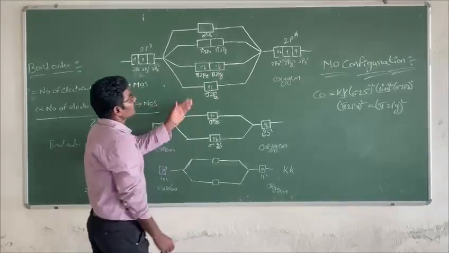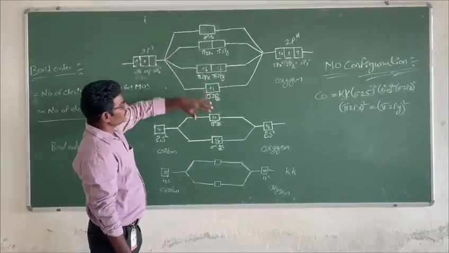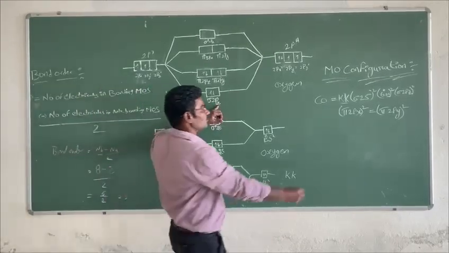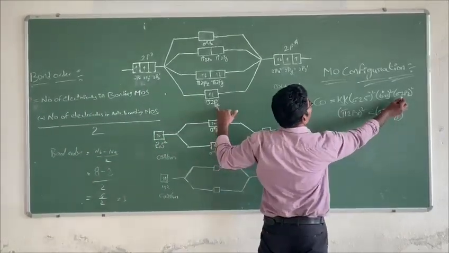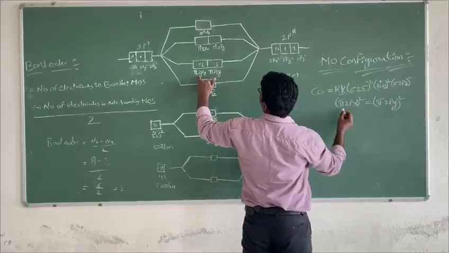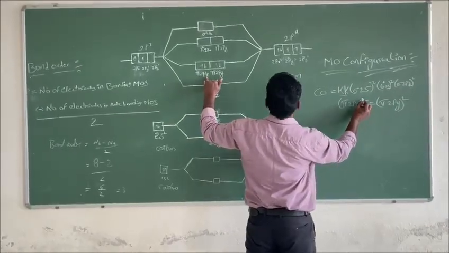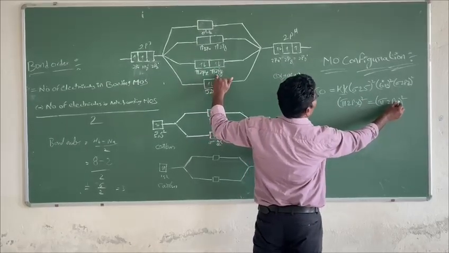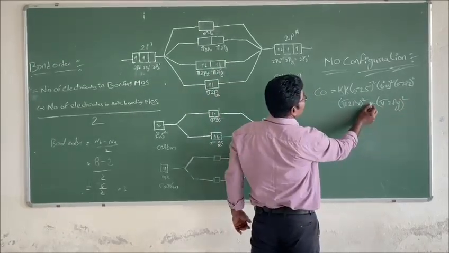So here we have to write the diagram. That one is the sigma 2pz with 2 electrons. Next one is the pi 2px with 2 electrons, and next one is the pi 2py with 2 electrons. You have to make them equal.